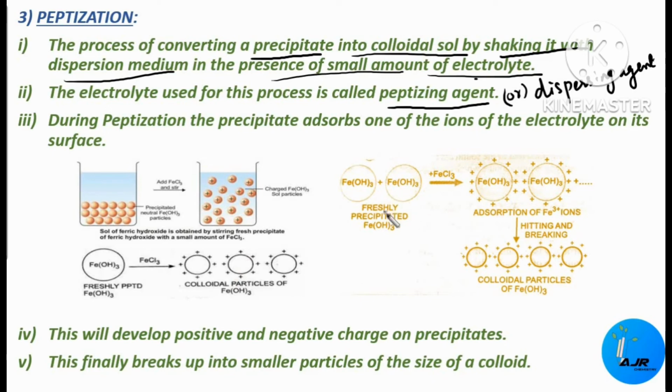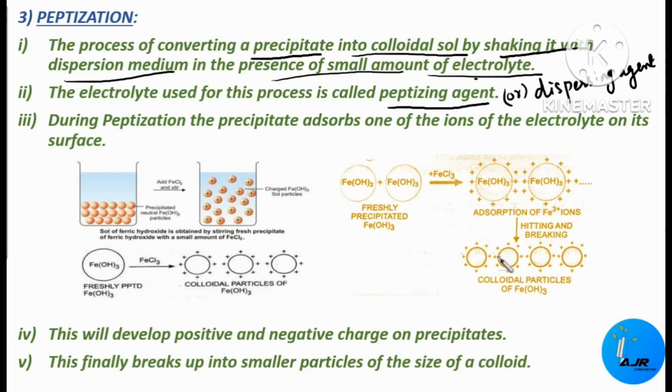By breaking. Let me explain with this. This is ferric hydroxide. We are adding the electrolyte FeCl3. These Fe3+ ions are getting absorbed on the surface of the Fe(OH)3 molecules. After getting absorbed, this will break, and we will be getting colloidal particles of lower size. So we are getting the colloidal particles of Fe(OH)3.